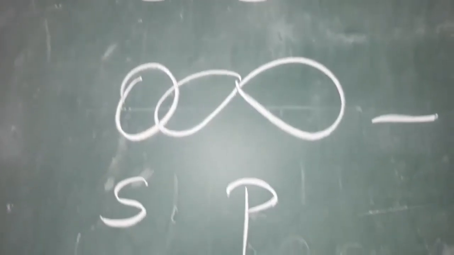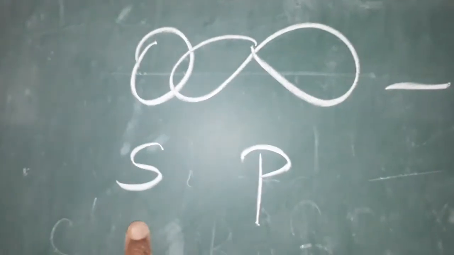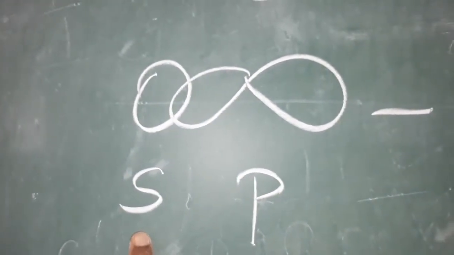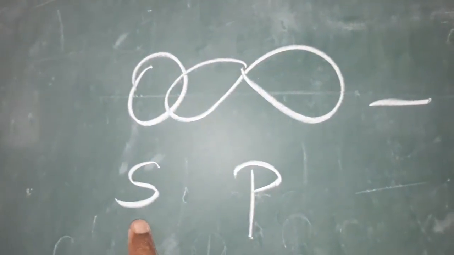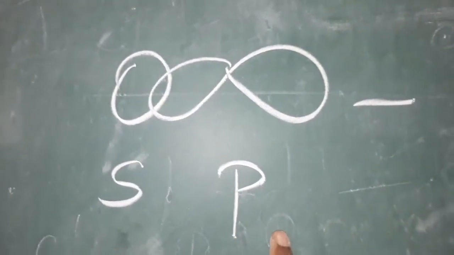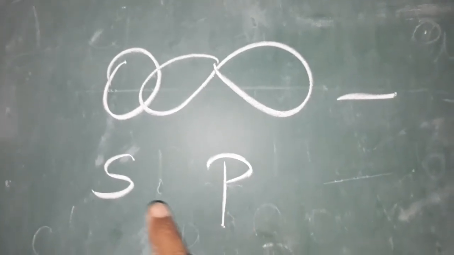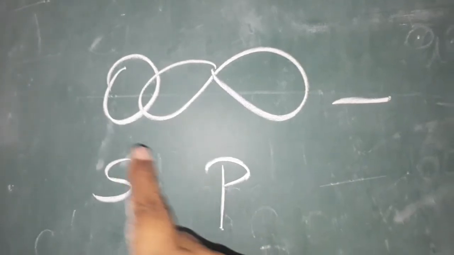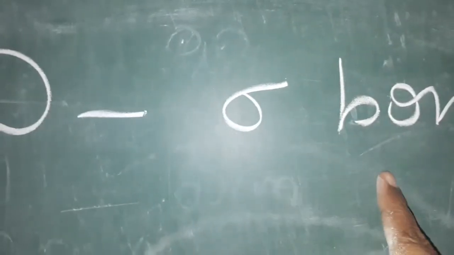And then the s orbital along with the p orbital, which have the same axis. For the s orbital there is no axis because it is oriented in all directions. But for the p orbital we have three axes: x axis, y axis, z axis. The s orbital and p orbital lie on the same axis, so we get a sigma bond.